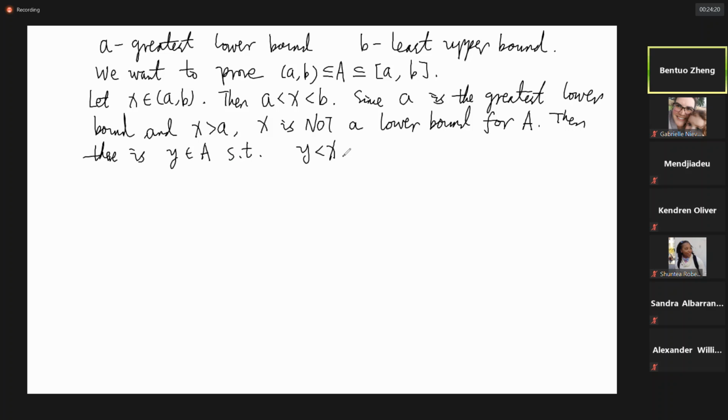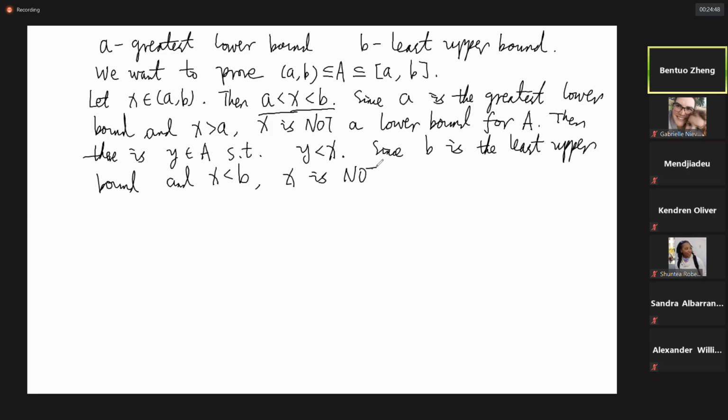On the other hand, since b is the least upper bound and x is less than b, x is not an upper bound for A. Because b is already the least upper bound, but x is smaller than b, so x cannot be an upper bound for A. x cannot be an upper bound for A implies there exists a number in A which is greater than x.